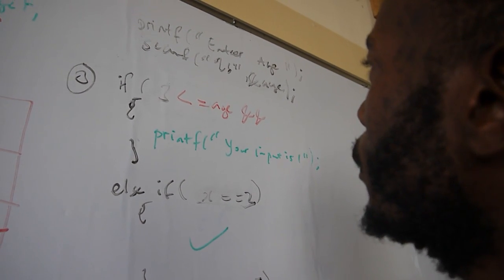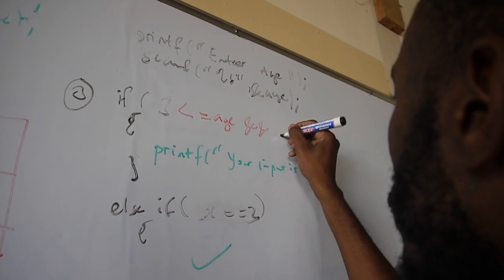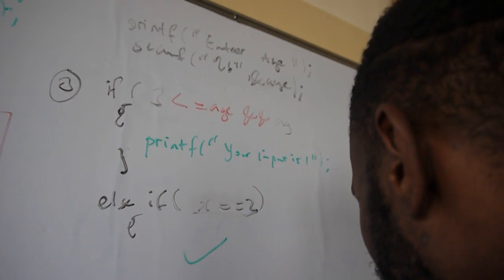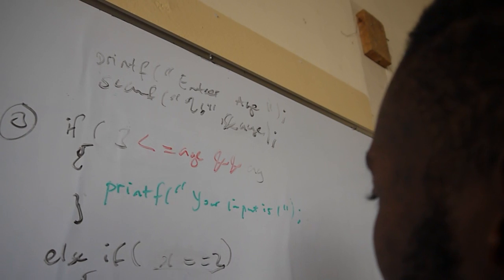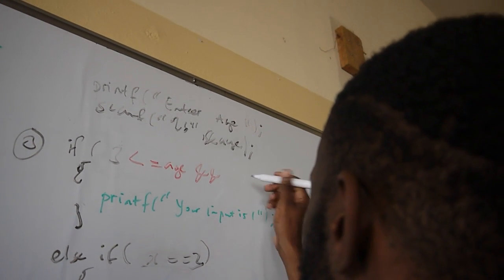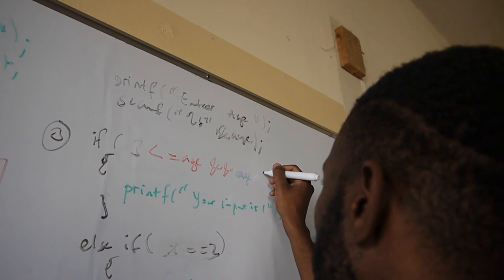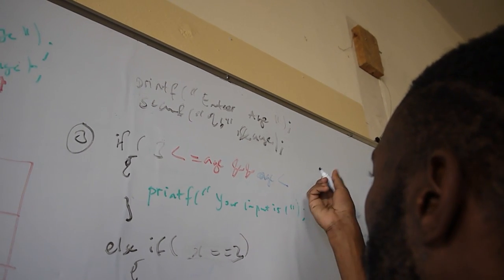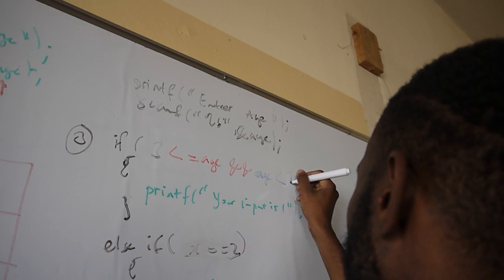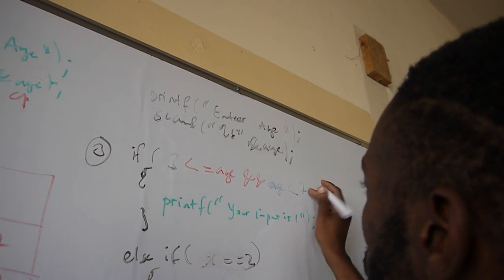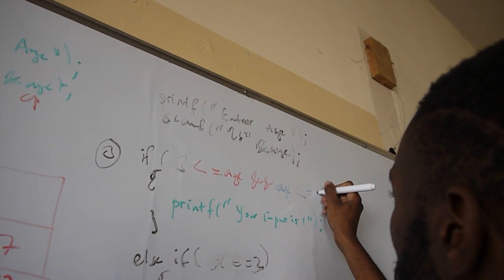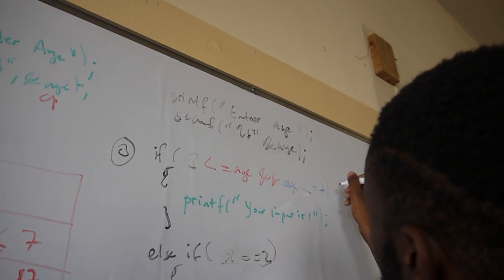Then age is greater than, I'll just say greater than 7. So it means that 7 is not included. So let me include 7 here.